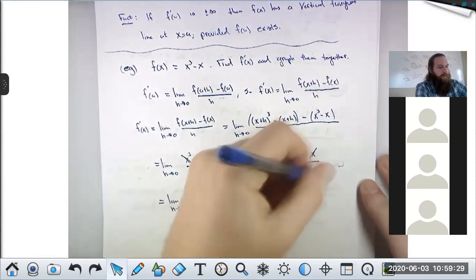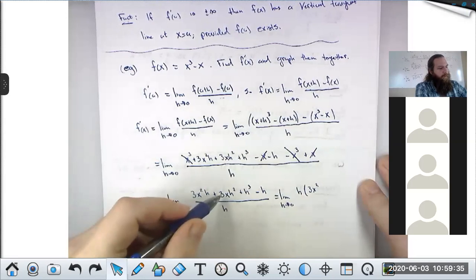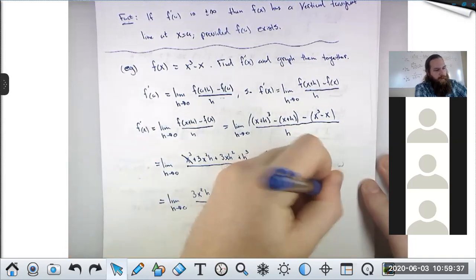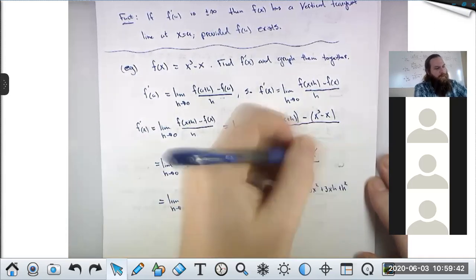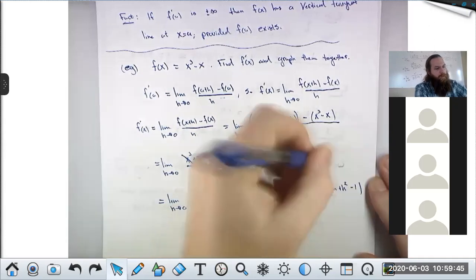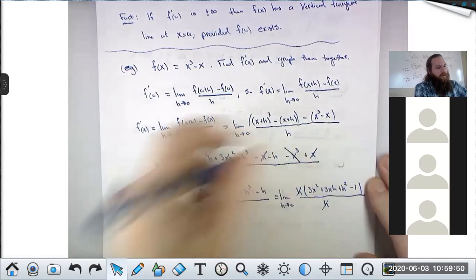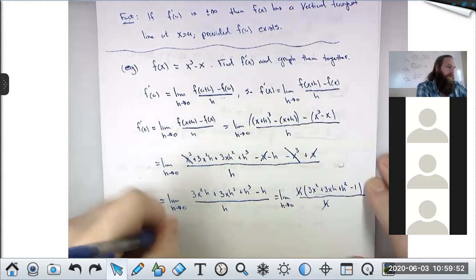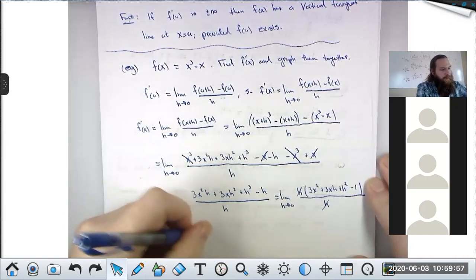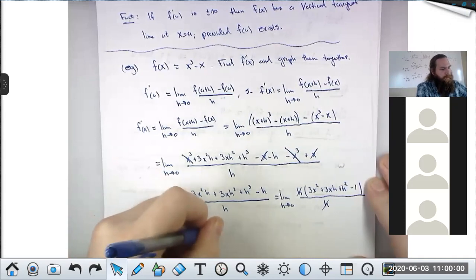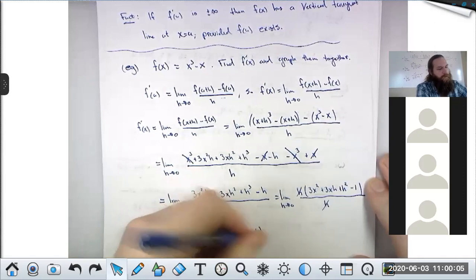When I do that, what's left is 3x squared plus 3xh plus h squared minus 1. And this is all over h, so then I cancel the h's, and I get the limit as h goes to 0 of 3x squared plus 3xh plus h squared minus 1.